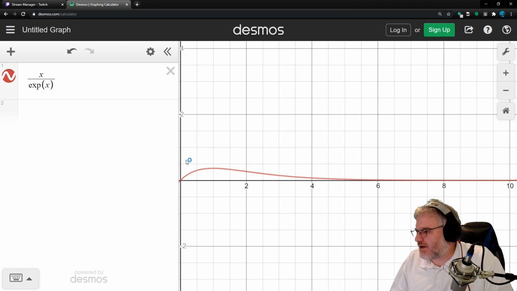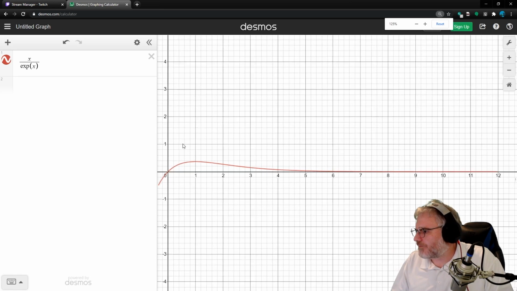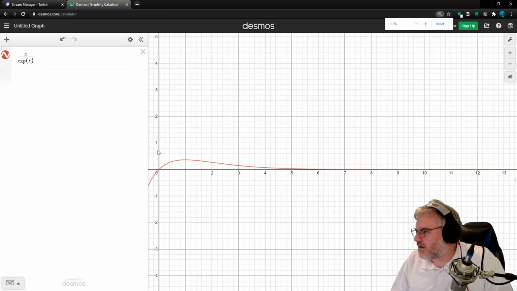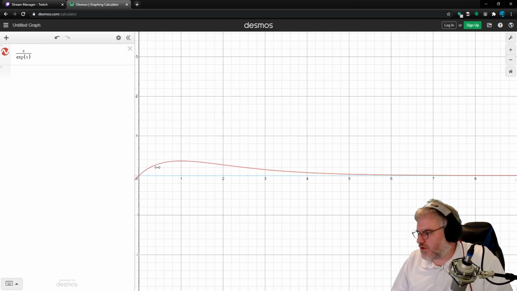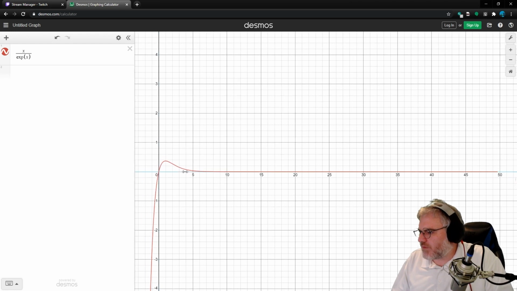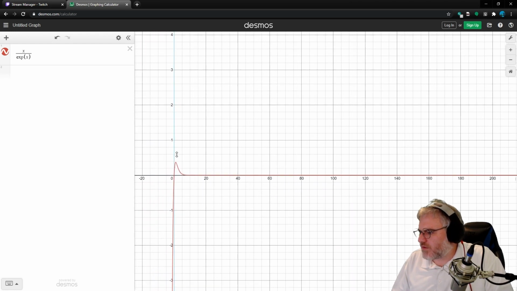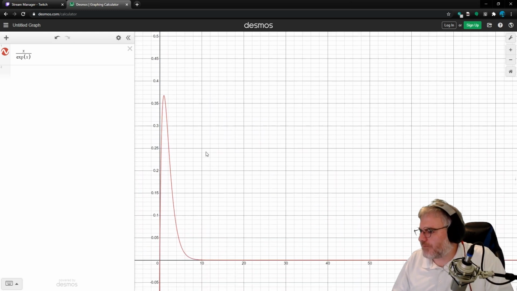So it's a very important curve for those of you that are thinking medical school. Oops, I want to shrink that, and I want to expand that. There we go.